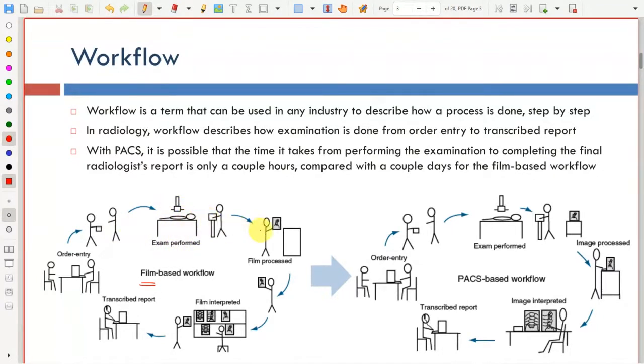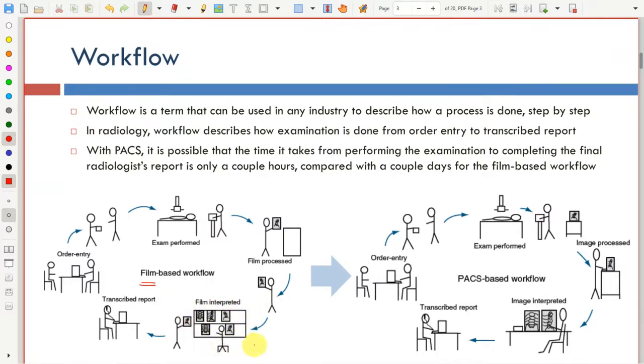And then he would get the film and process it, because the films have to be processed, like in the old days where you actually process the film with chemicals so that you can get the actual film after exposure. And then you check if it's okay or not. After it's processed, if it's okay, you send it to the doctors for interpretation of the films.